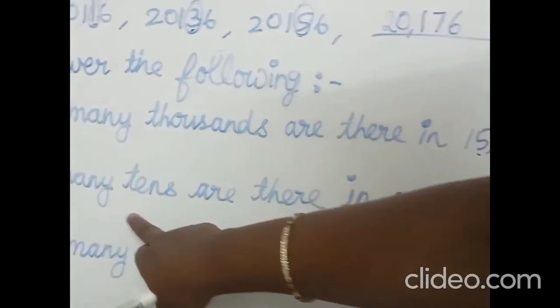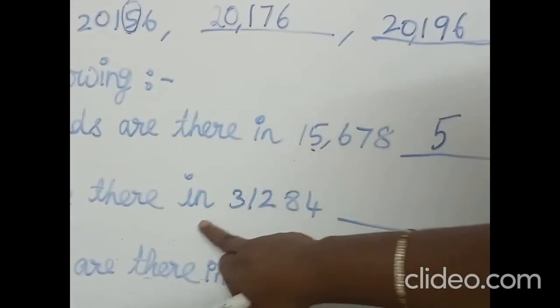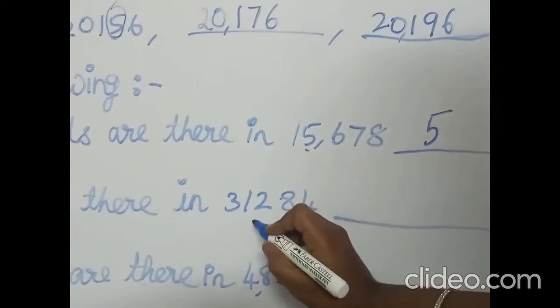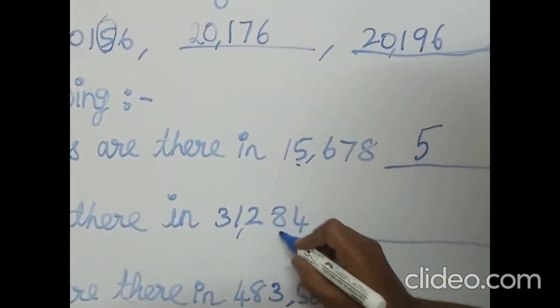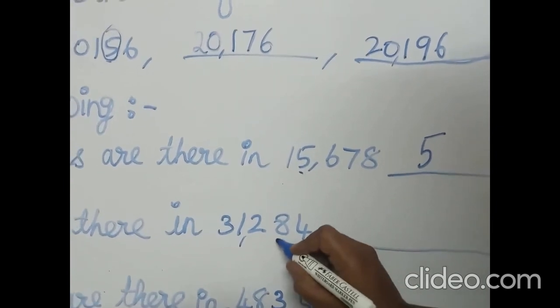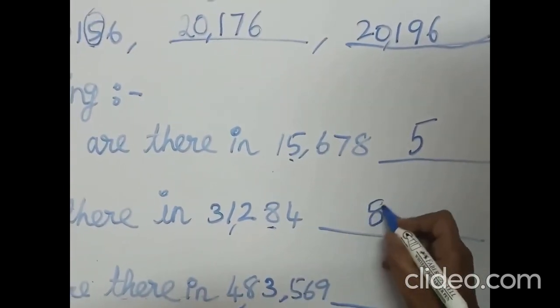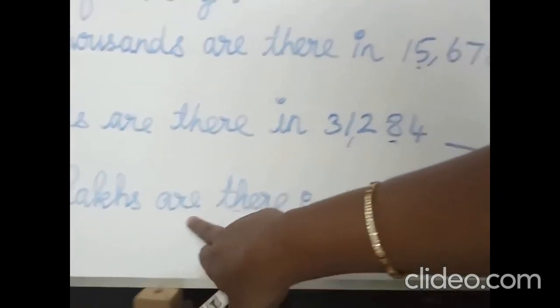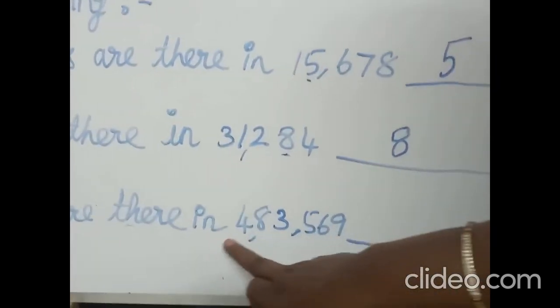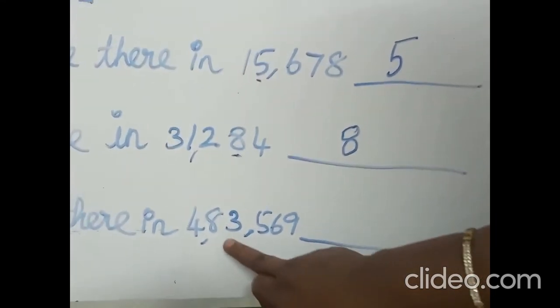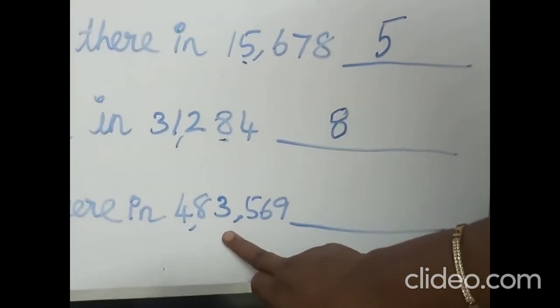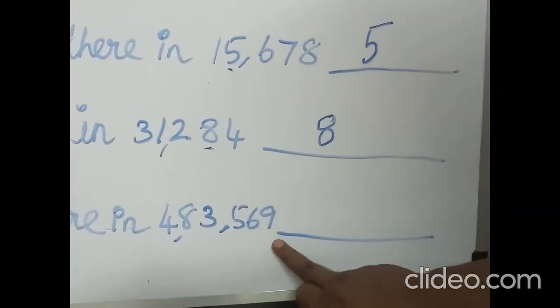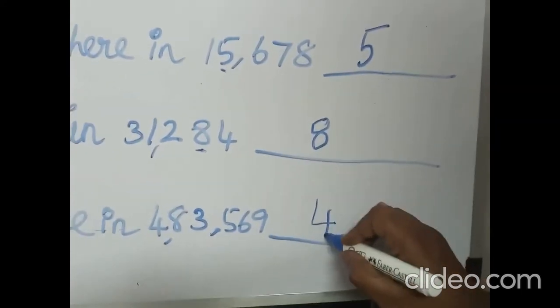Next, how many tens are there in 31,284? 8 tens are there. Okay. Next, how many lakhs are there in 4,83,569? We have 4 lakhs.